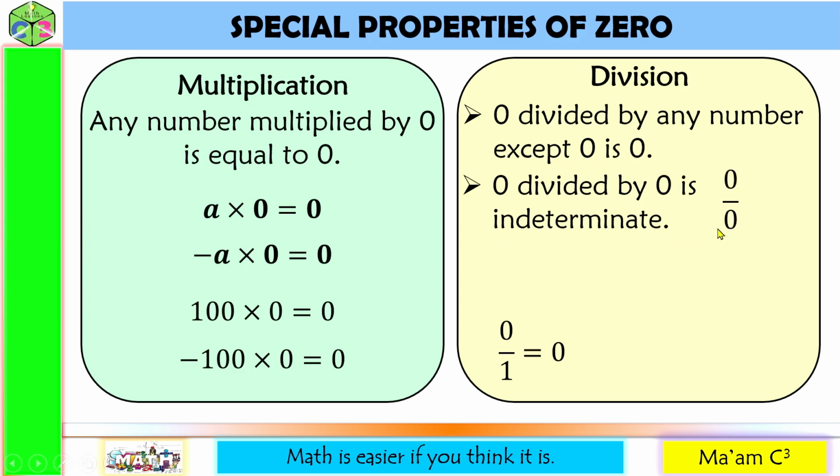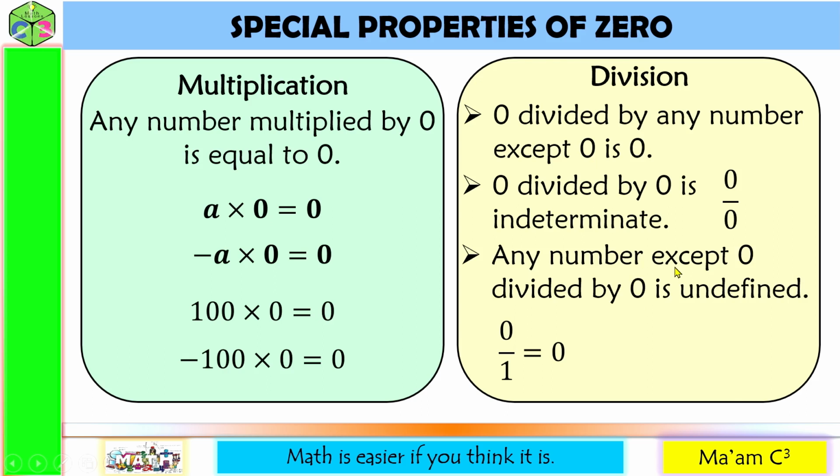I will not discuss this further. This is of higher mathematics. Last one, any number except 0 divided by 0 is undefined. So let's have any number except 0 divided by 0. When you are given any number except 0 divided by 0, the answer is undefined.